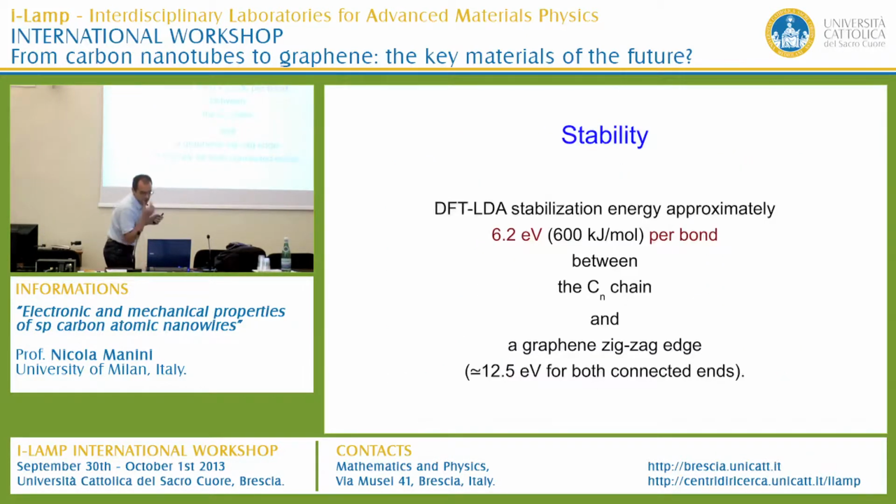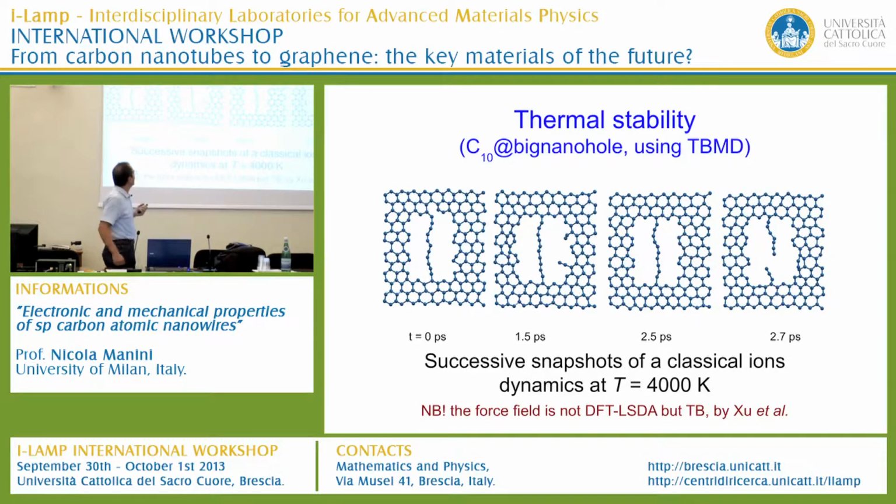So we confirm the same kind of results that I quoted before. The stabilization energy when joining a chain to each of the edges is about 6 electron volts, and those chains are indeed quite well stabilized under those conditions. So this would be a confirmation that in a carbon-only sample, those chains are stable and should remain for quite a long time, unless there are external perturbations, of course.